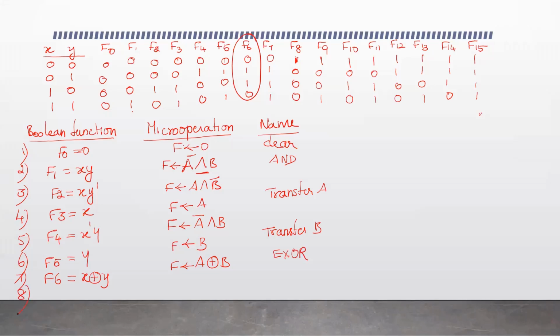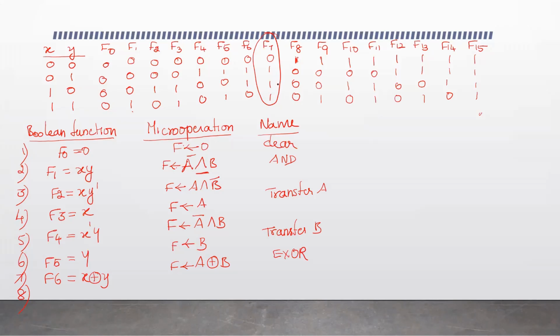And the next one, F7. If we take F7, here the result is 0, 1, 1, 1. It is 0 only when there are zeros, in all the other cases 1.